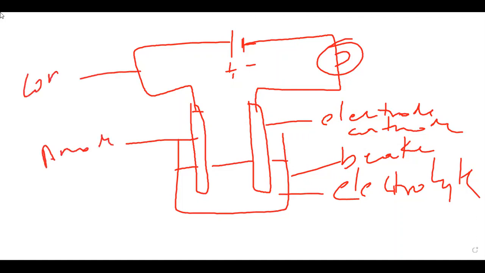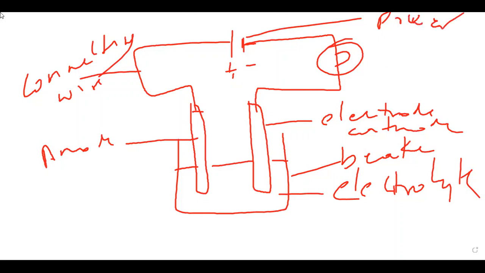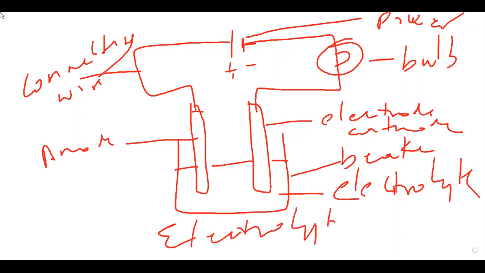This is connecting wire, which is like copper wire. This is your power source, which could be a battery or a cell or the outlet in the house. And this is a bulb or a lamp. We call all of this our electrolytic cell.